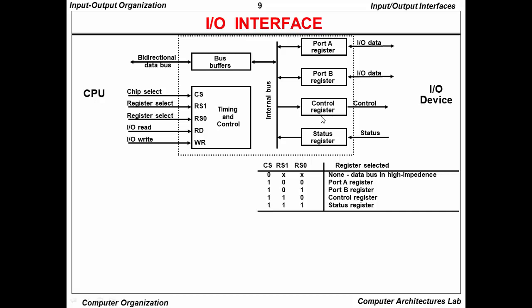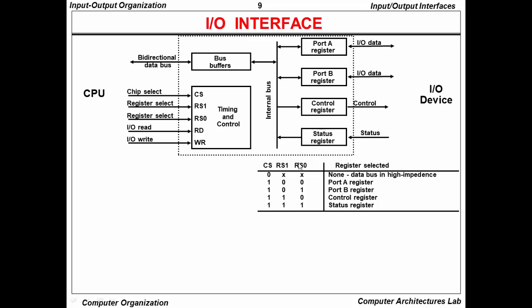Then there is a control register which holds the control information, and there is a status register which gives the status condition of different devices. There is a mechanism where, depending on the input you provide, certain registers or chips are selected. If CS equals 1 and RS1 and RS0 equal 0 0, then the port A register is selected.